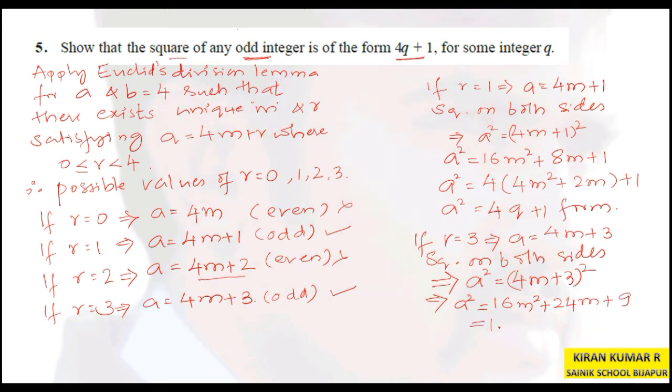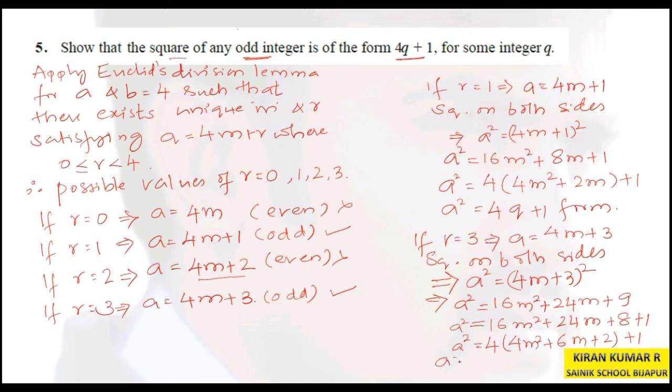Like the previous questions, I change this 9 as 8 plus 1 so that in the first 3 terms I can take 4 common. So with 4 taken common, I'll be getting 4m square plus 6m plus 2, then added to 1.